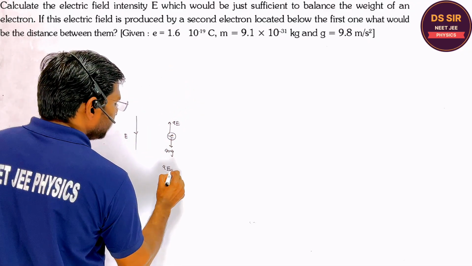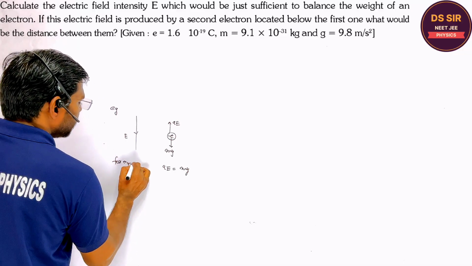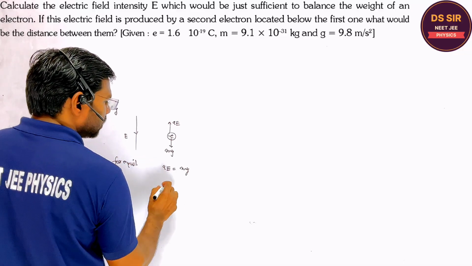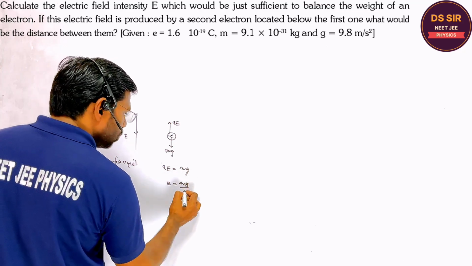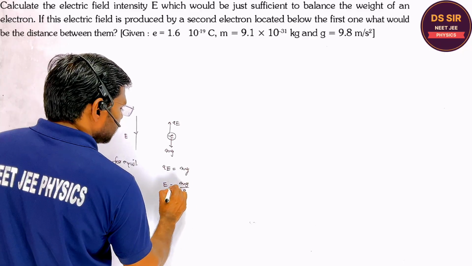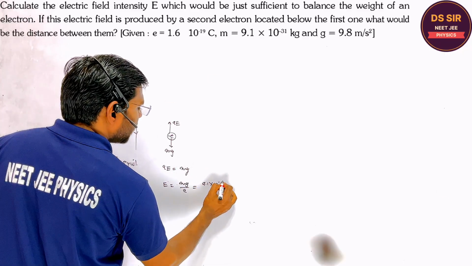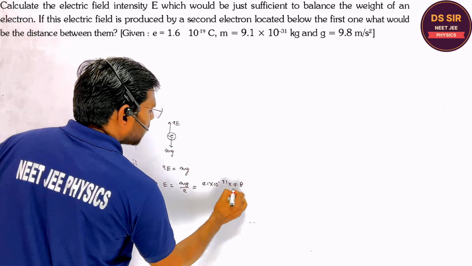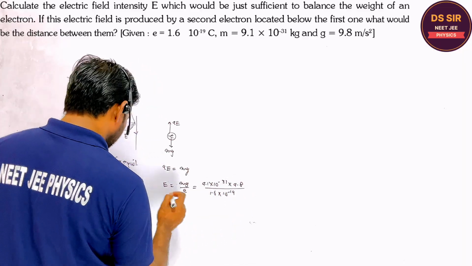So what is the condition for equilibrium? qE is equal to mg. I'm writing the q magnitude only, not the minus sign. What is m? m is the mass of the electron, 9.1 into 10 to the power minus 31. The g value is 9.8 and the charge is 1.6 into 10 to the power minus 19 coulomb.